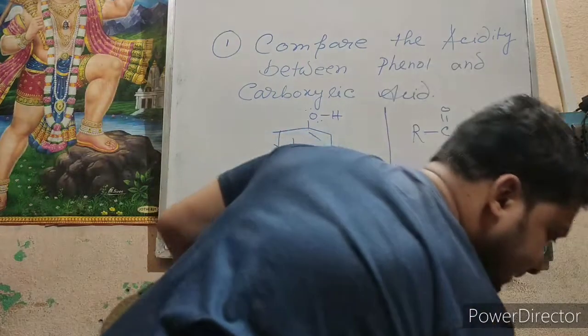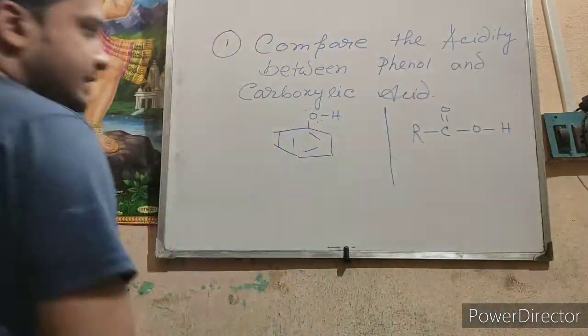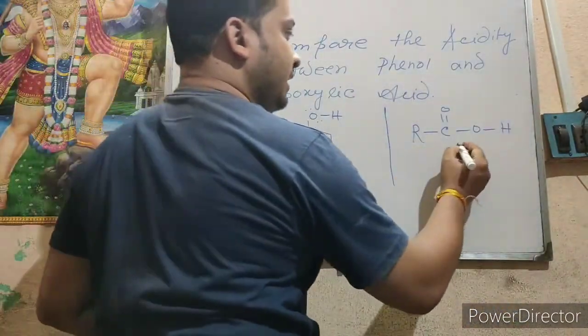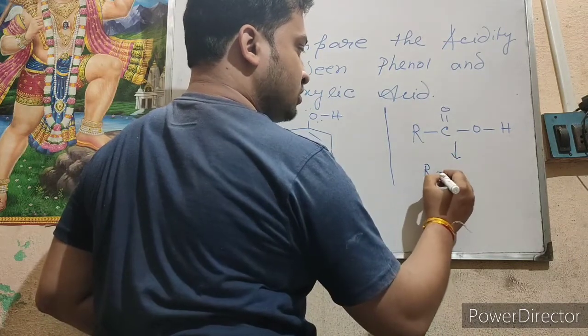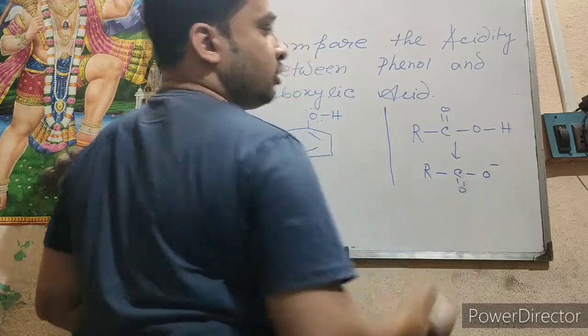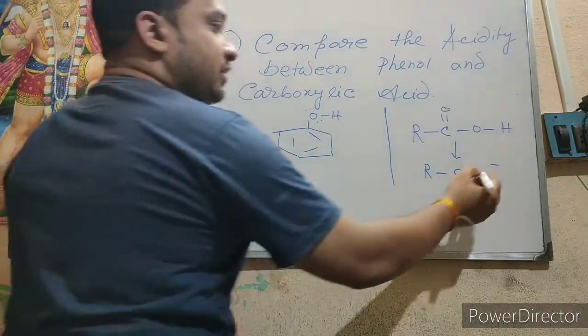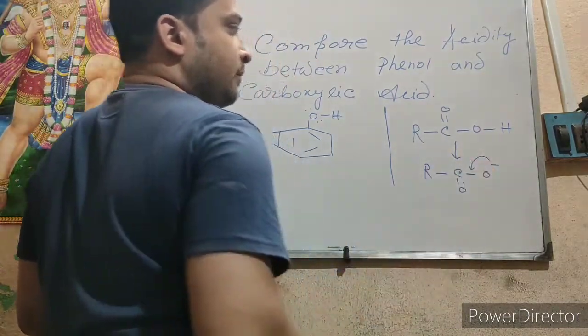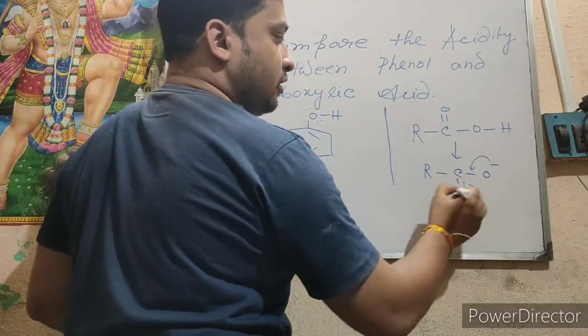So more acidic is that, if you start with its carboxylate ion, that is RCOO minus. It donates this and the pi bond is broken.